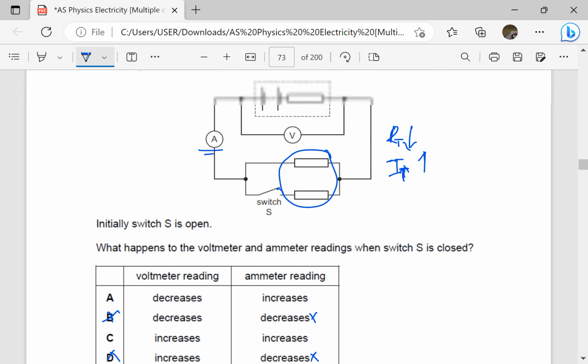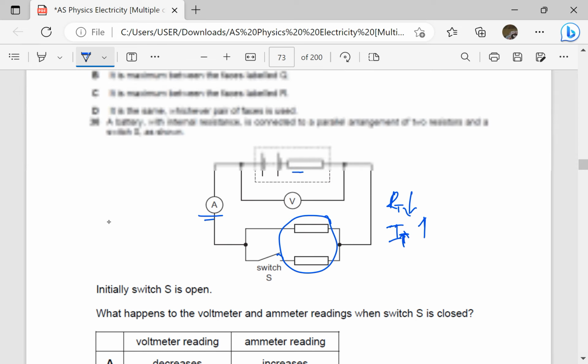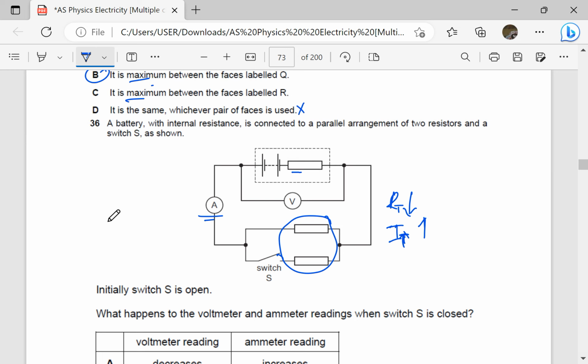Then the voltmeter reading. There is an internal resistance. If the current in the battery increases, remember, terminal PD is equal to EMF minus the lost volts. This is equal to EMF, which does not change, is constant, minus current times internal resistance.